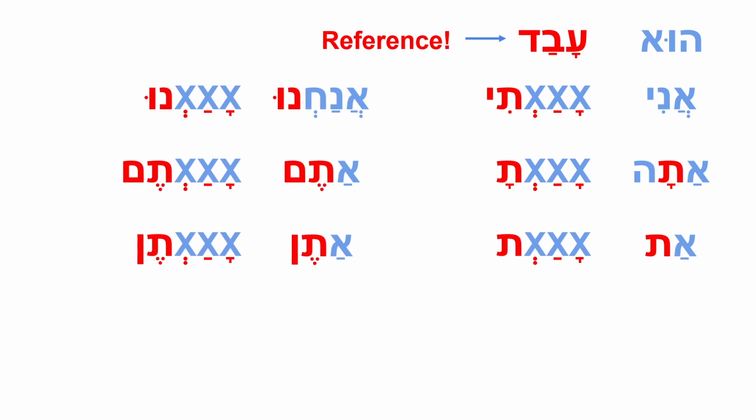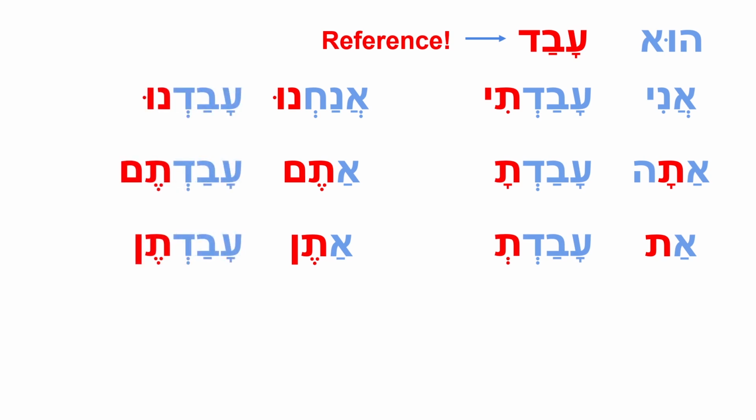Hu avad, it is the reference point, and we're taking avad and placing it into the conjugation pattern. So it will be ani avadeti. It's a little bit difficult to pronounce it as avadti because we have the dalet and the tav there. The D and the T sound are a little bit difficult and straining our tongue. So we'll add a buffer vowel e. So it will be avadeti. Ata avadeta, at avadet, anachnu avadnu, atem avadetem, aten avadeten.